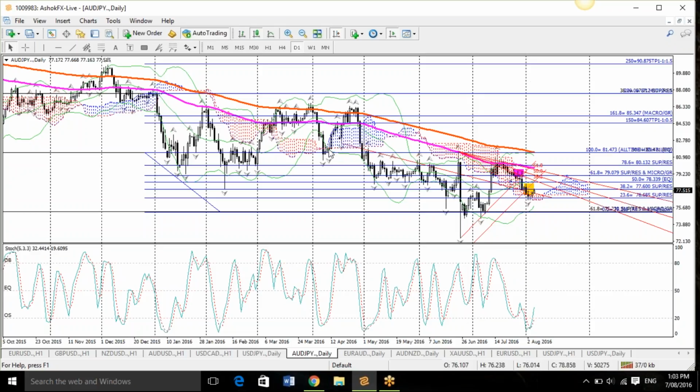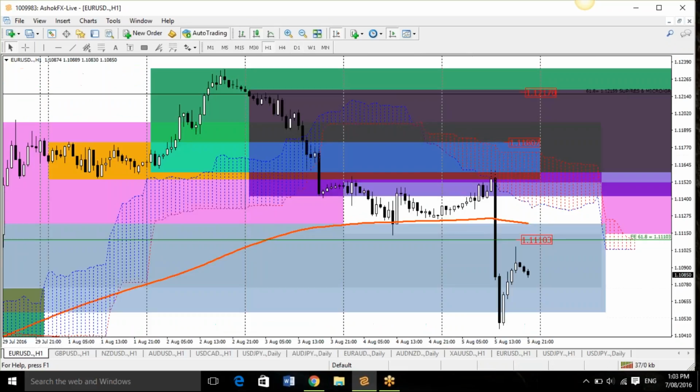So okay, just to start with euro dollar and what I traded last week. It was based on the technical analysis, and we drew the multiple boxes here, the multiple colors, and it shows really clearly where the price would probably stop and where the price would probably go.